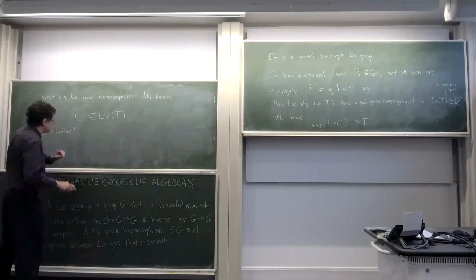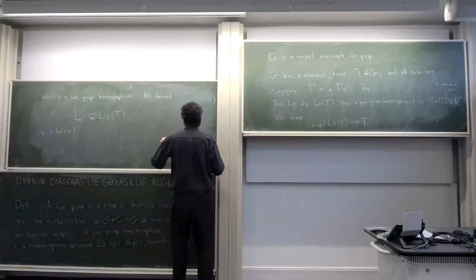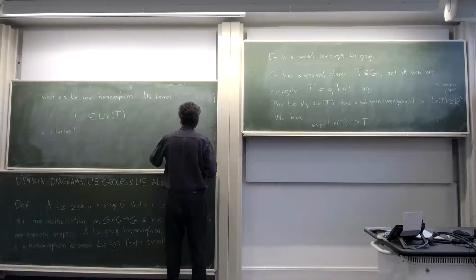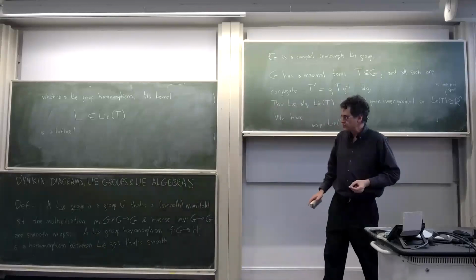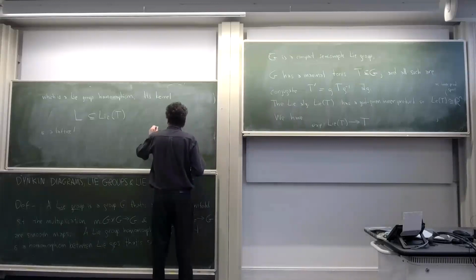A lattice in this vector space, Lie of T. So the picture should be something like this. T is a torus. One way to think of a torus is that you can get it by taking a vector space and modding out by a lattice, in fact.